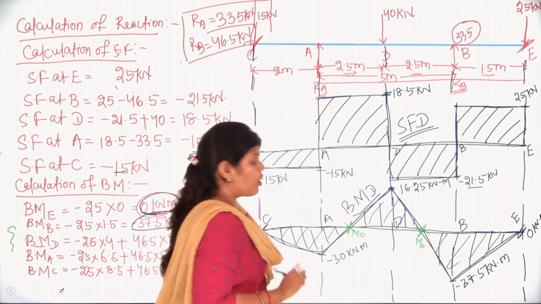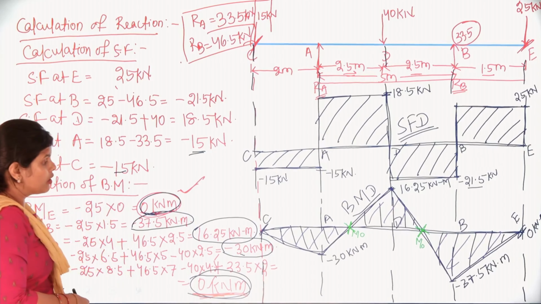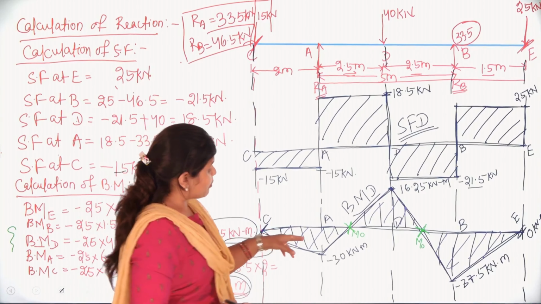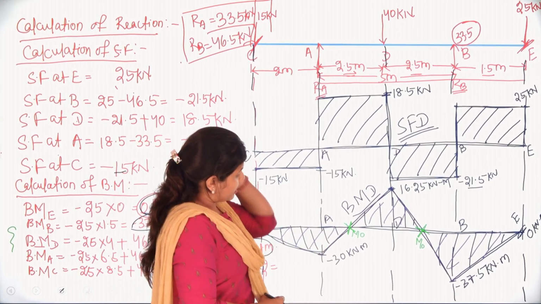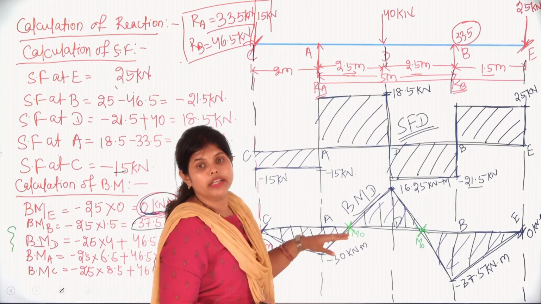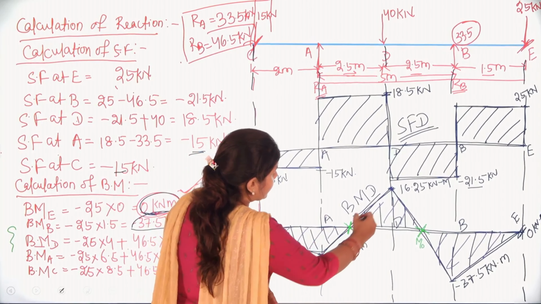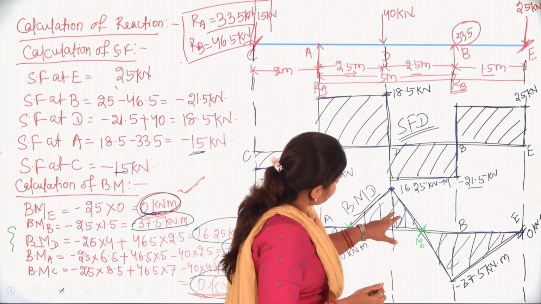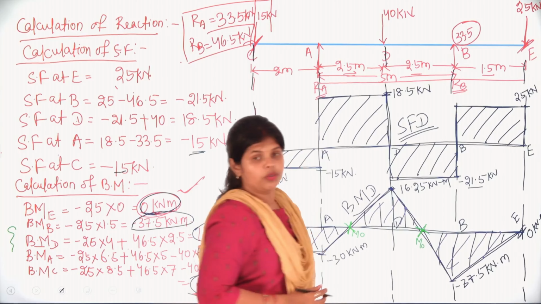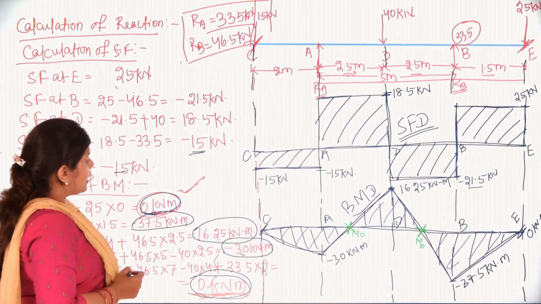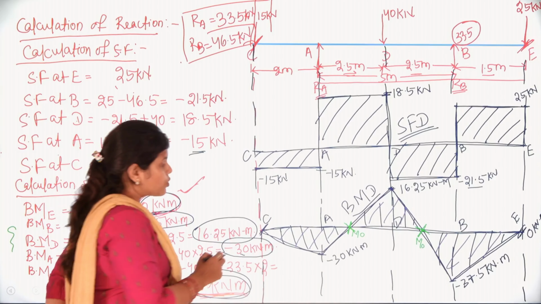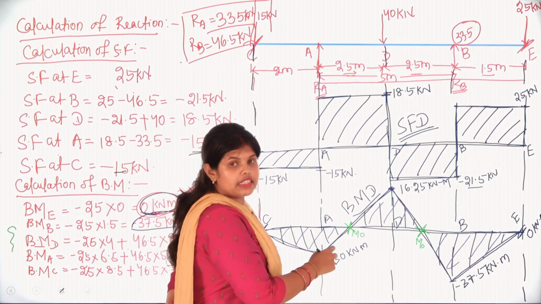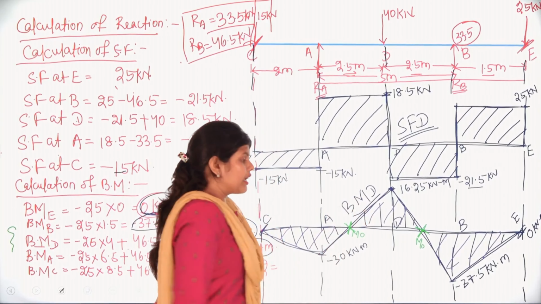Also in the second part, here moment becomes 0 and you can see bending moment changes sign from positive to negative, and here from negative to positive. Also you can see hogging to sagging. These 2 points change hogging moment to sagging moment.